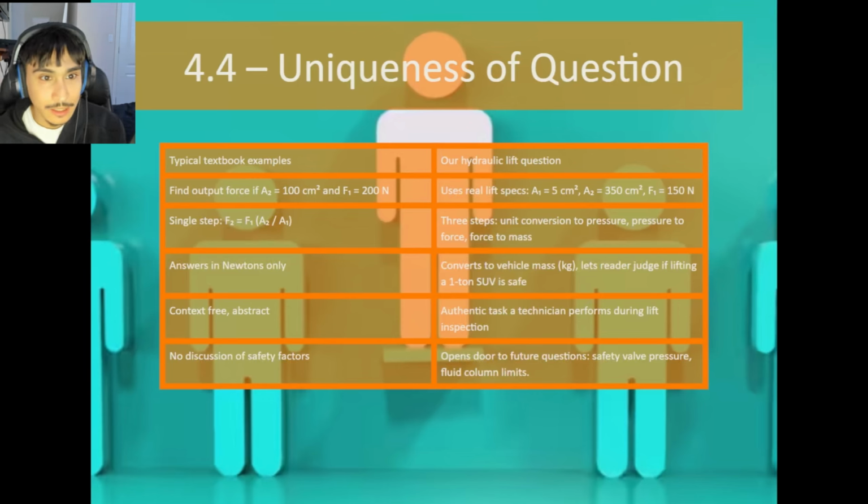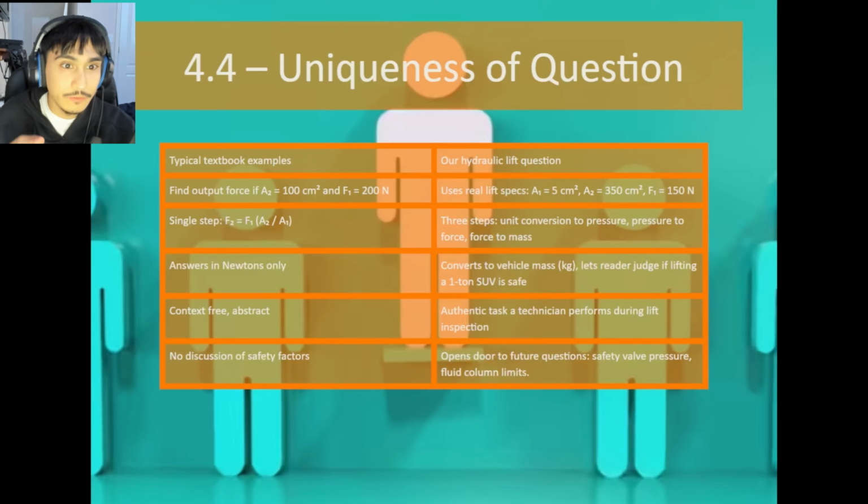So here, the hydraulic lift question uses real lift specs. A1 equals 5 centimeters squared, A2 equals 350 centimeters squared, and F1 equals 150 newtons.